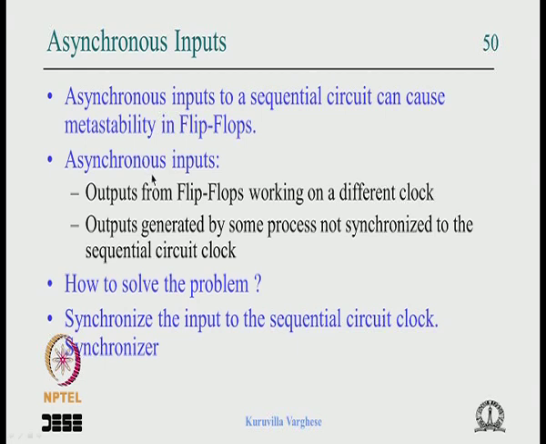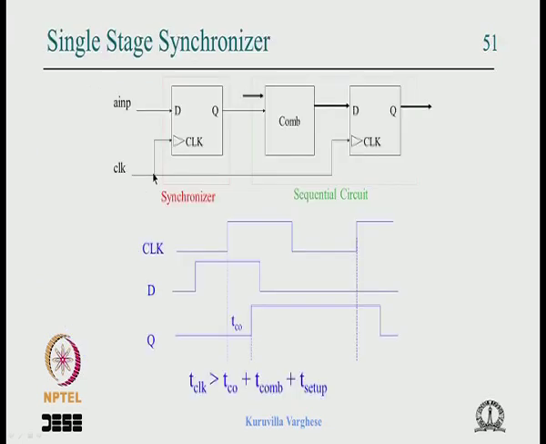So the solution is to synchronize it. Probably at the beginning you don't know how to synchronize, but it's very easy. Suppose there was an asynchronous input going to this combinational circuit and reaching a destination register. The way to synchronize is to connect that asynchronous input to a D flip flop clocked by the same clock as the sequential circuit, and the Q is connected here.